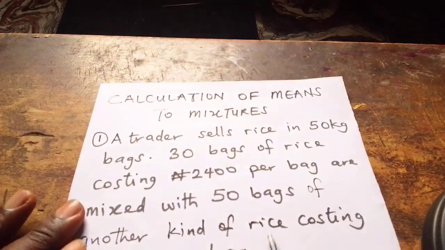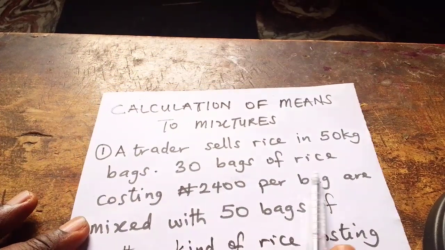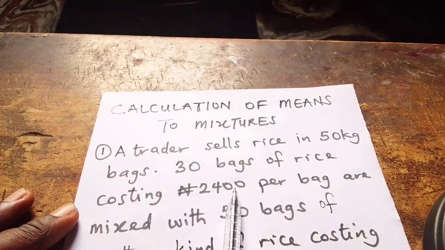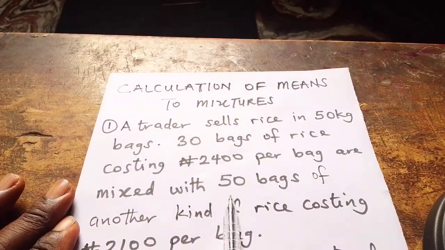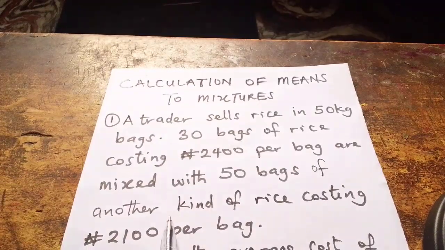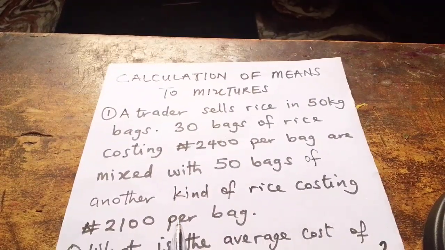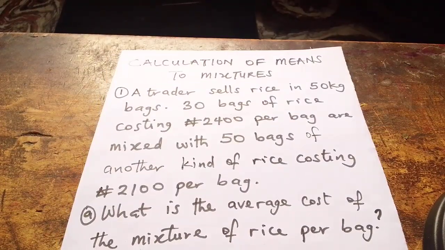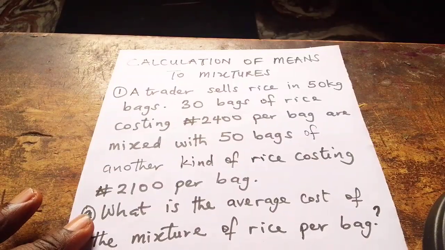So now he brought 30 bags of the original rice costing 2,400 naira, wanting to mix it with 50 bags of another kind of rice, let me say that fake rice, costing 2,100 naira. So now he wants to mix the two together to reduce his cost price. Now let's see how that can be done.